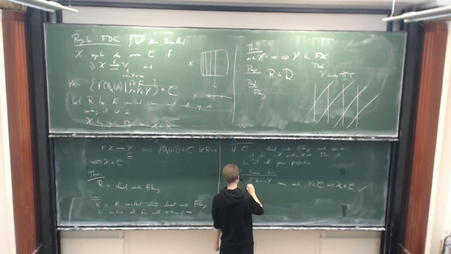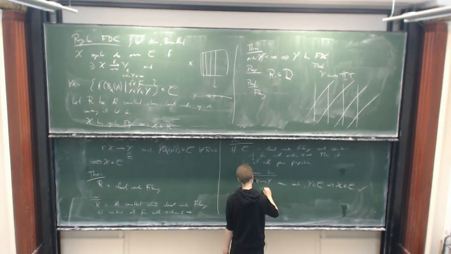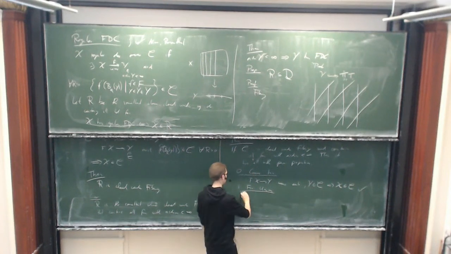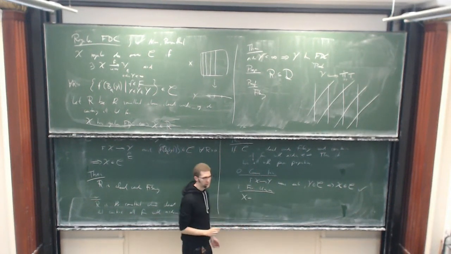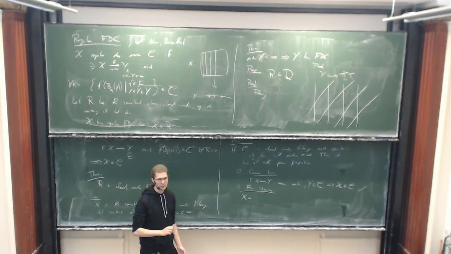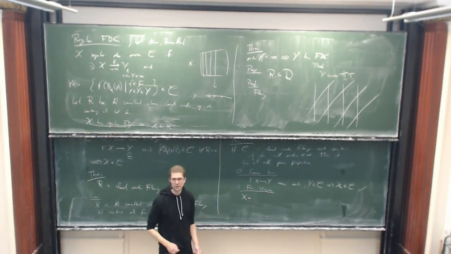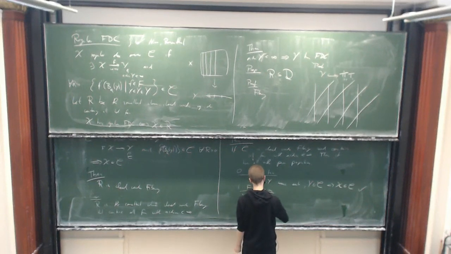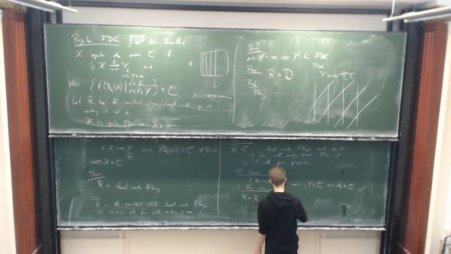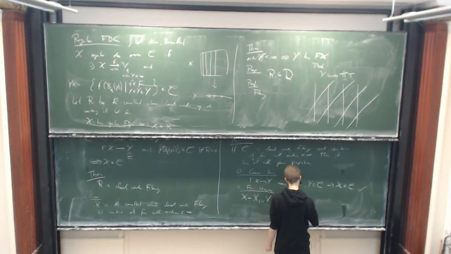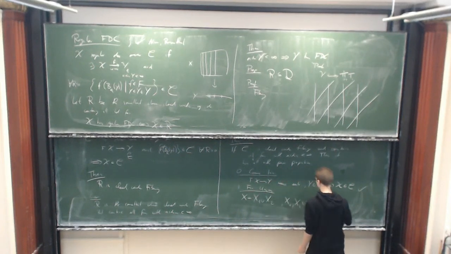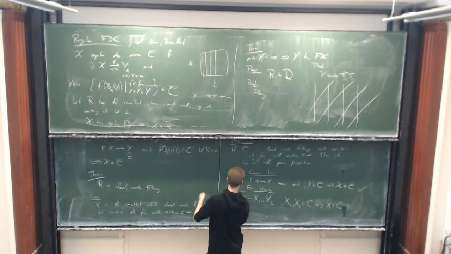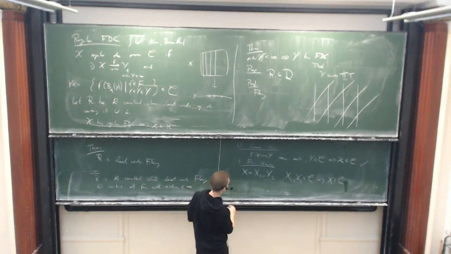Now the next one would be finite union. So this says if, and now let me just go to spaces instead of families, because otherwise the family is just another index I have to carry around all the time, X is a union of two such that they are in C, then X is in C. So I guess I can fit the proof here.